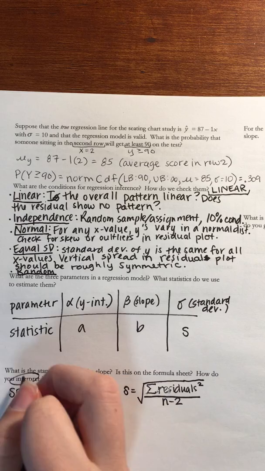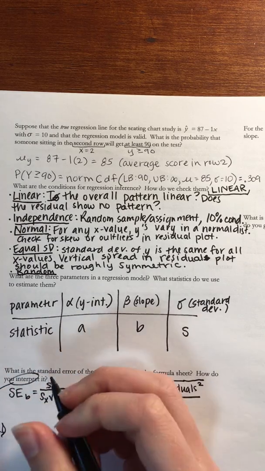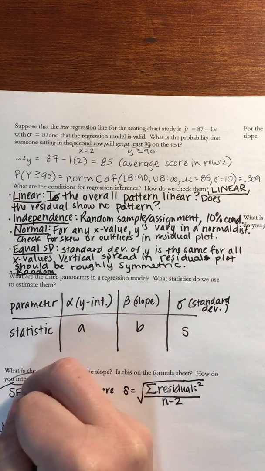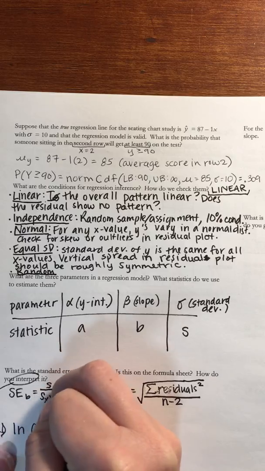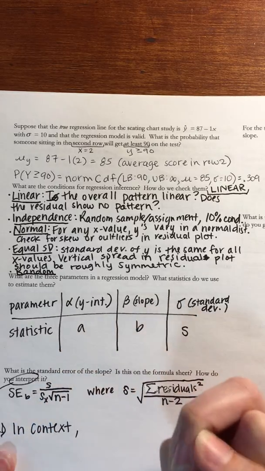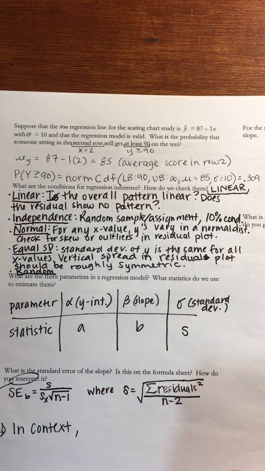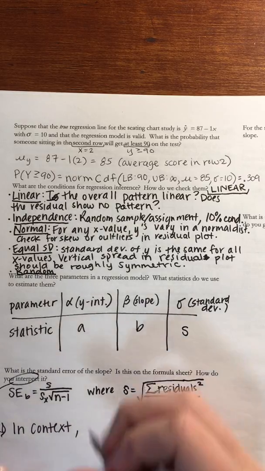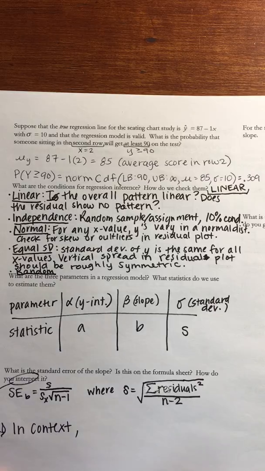And how do we interpret it? Obviously always in context. What it measures is how far the estimate is from the truth in repeated samples, or the parameter, or however you want to say it, the true value, the population parameter, whatever.